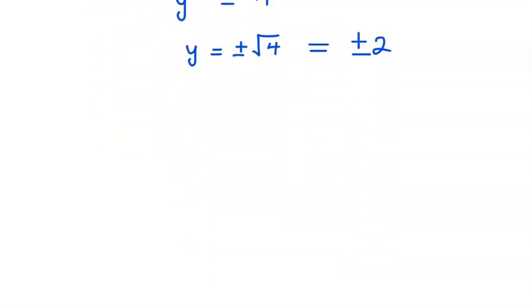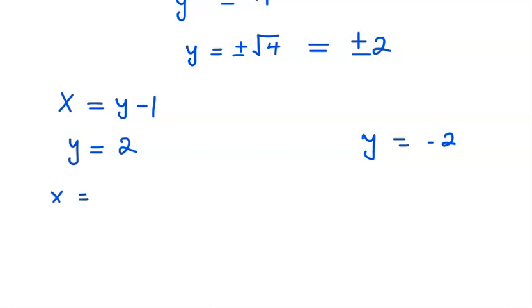Amazing. Now let's go back to the original substitution. So remember, x is equal to y minus 1. Now to solve for x, we have the following substitutions to make for y. Remember, when y is equal to positive 2, x will be equal to y minus 1, which will become 2 minus 1, so we get x is equal to 1.